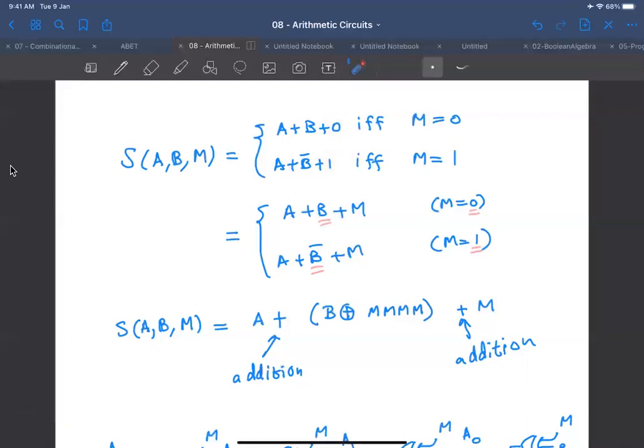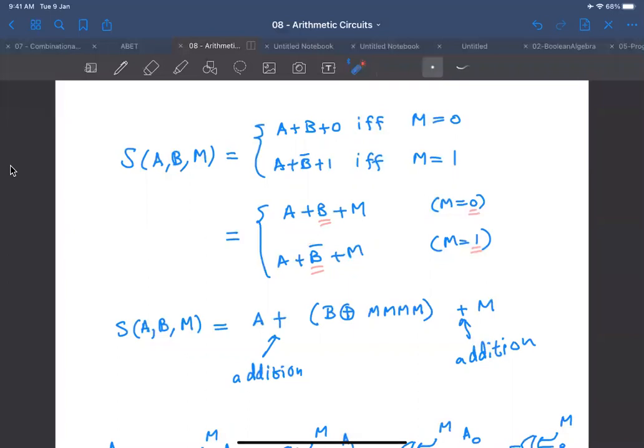All right. Now, what remains is the B or B complement. We would like to have a circuit that basically generates B for us if M is 0, and B complement when M is 1. What is that circuit? Anyone remembers?